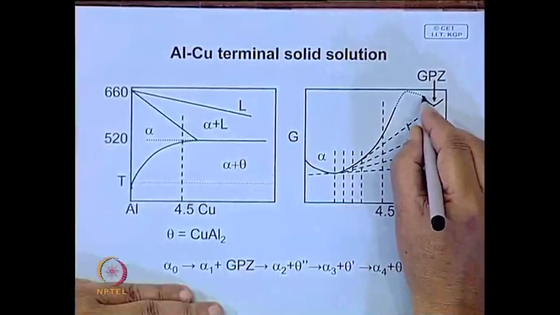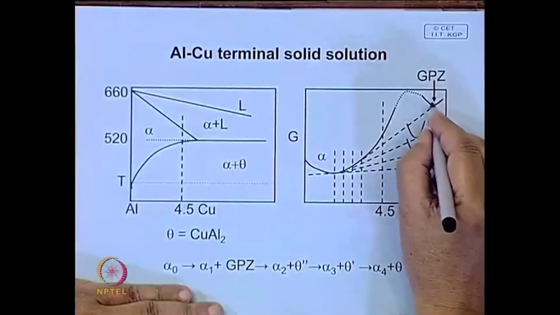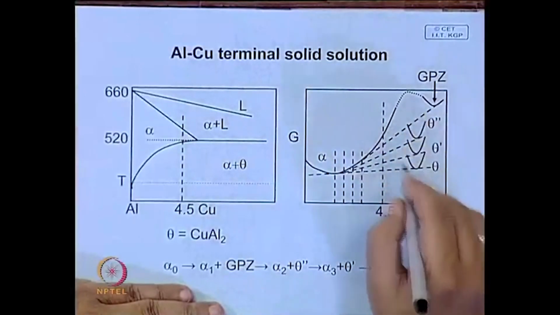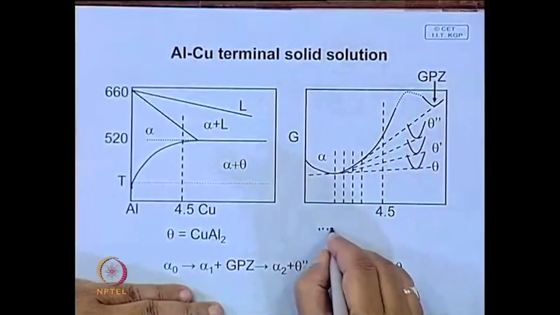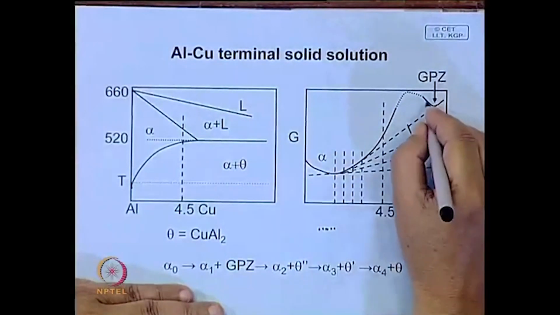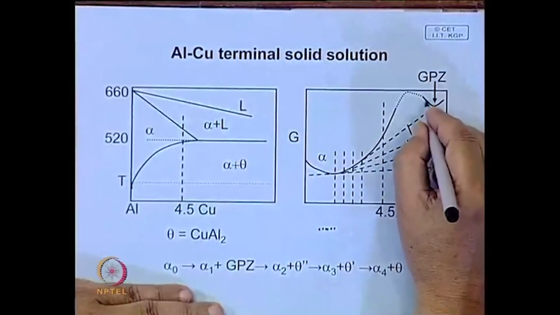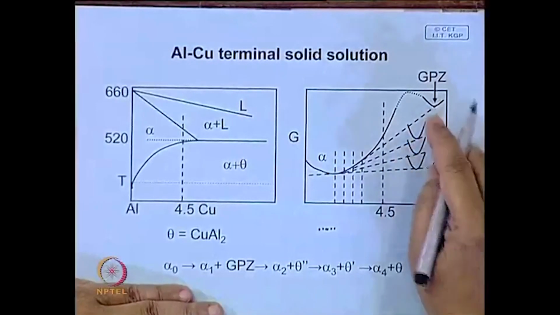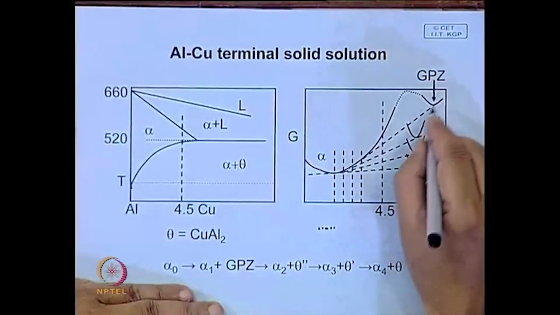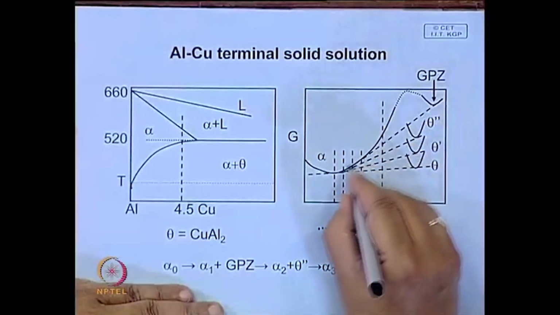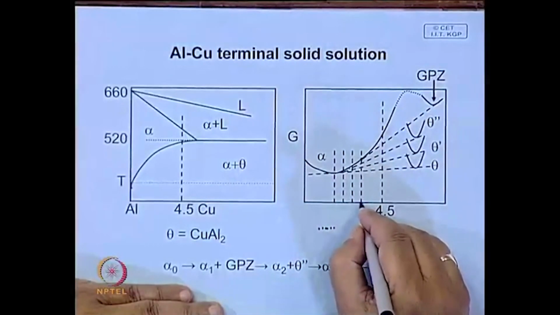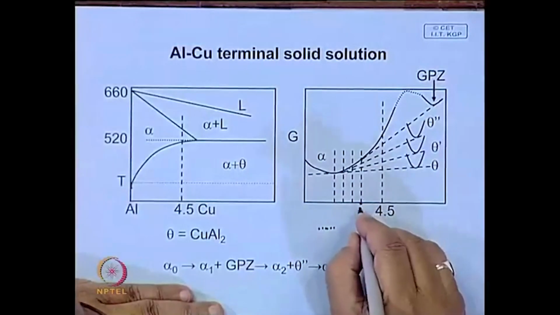The initial precipitate that forms is just a cluster of copper atoms in the aluminum lattice, which is fully coherent but unstable. No doubt the volume free energy is much higher, but it is perfectly coherent. If you draw a common tangent to this phase, this is the composition with which it will be in equilibrium.